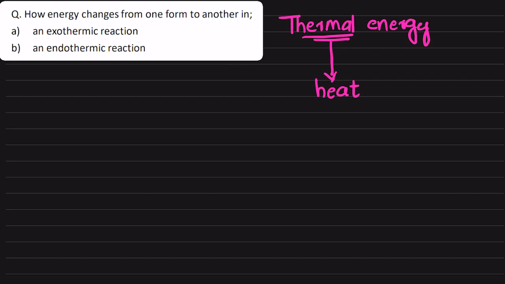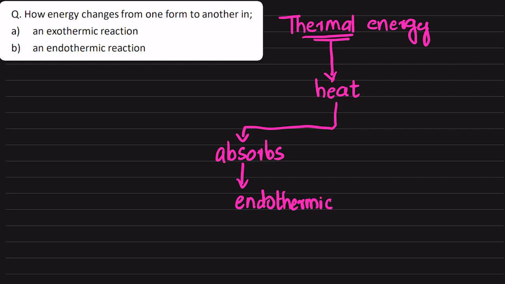Those reactions which absorb heat, we term as endothermic reactions. There are some reactions in which heat energy is given out. If they give out heat energy, we call it an exothermic reaction.